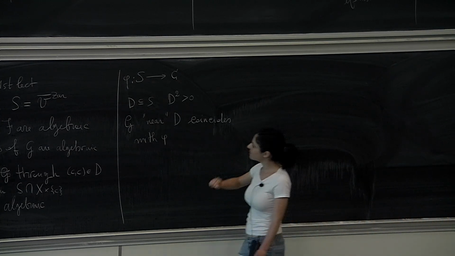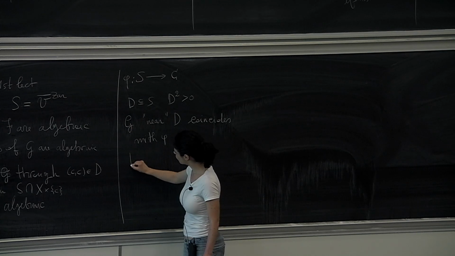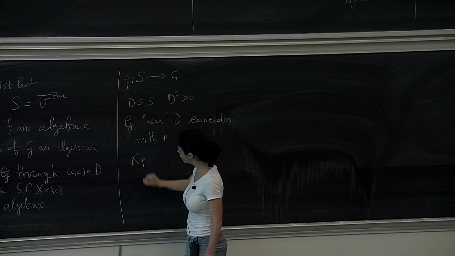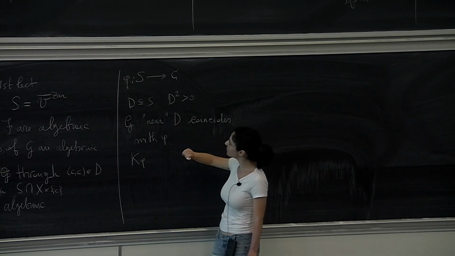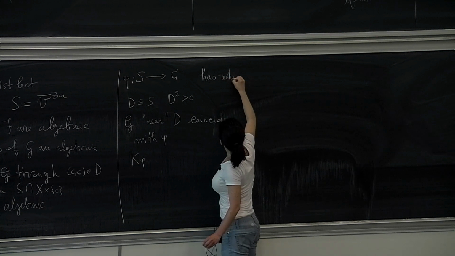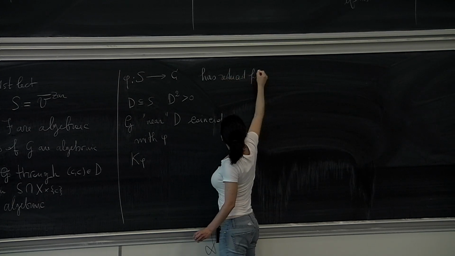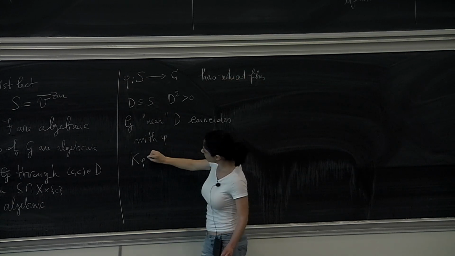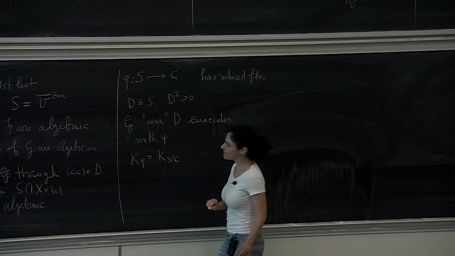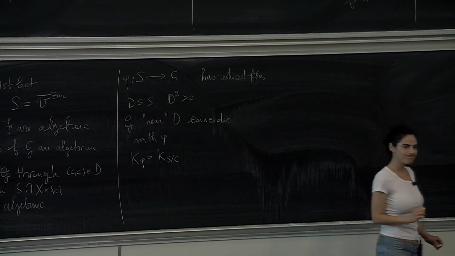Okay, now we consider our phi as a foliation. It has reduced fibers.